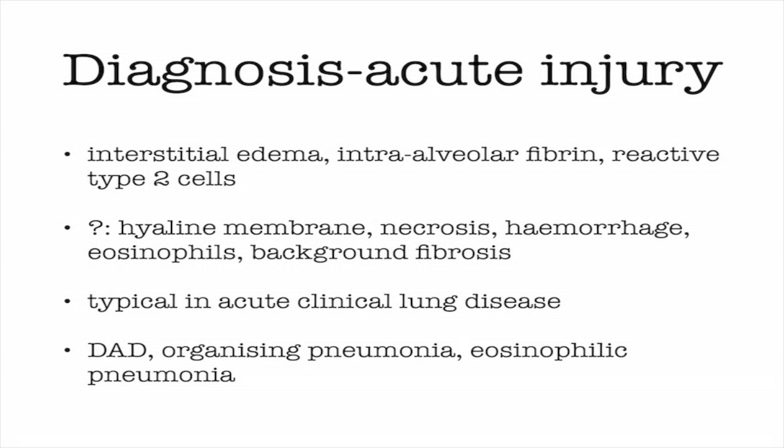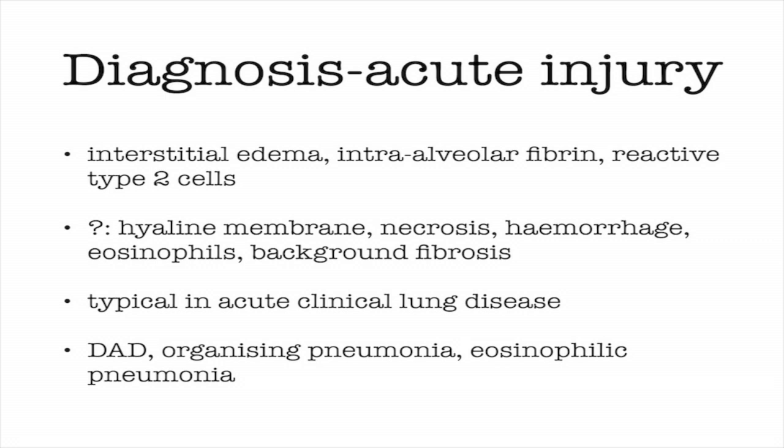We are dealing with acute injury, so necrosis is not a surprising finding there. Hemorrhage, sometimes you will find eosinophils, but if you have had background disease and you are dealing with an acute phase, you may have also background fibrosis, because that depicts previous damage. And this is very typical in what we are seeing as acute clinical lung disease.